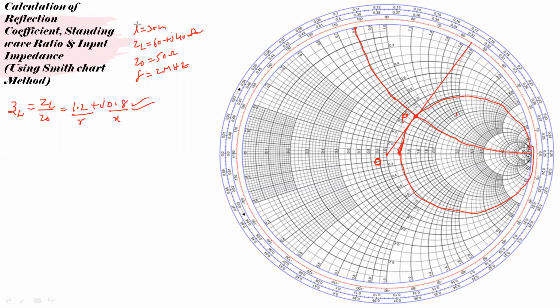Now, if you look into this, the angle made here with the real part of the axis is equal to 56 degrees. Even without the protractor we are able to identify it. So this is 50 degrees and this is 60 degrees. So somewhere in between it is 56.